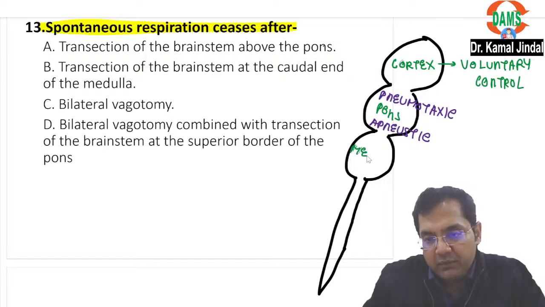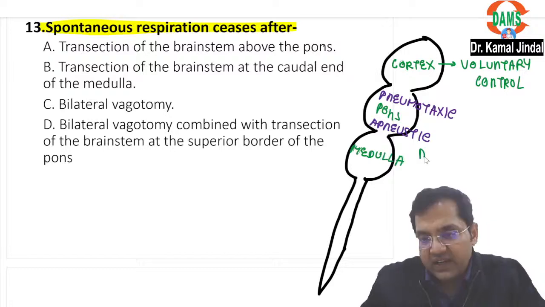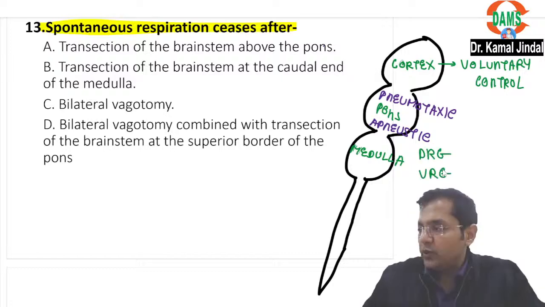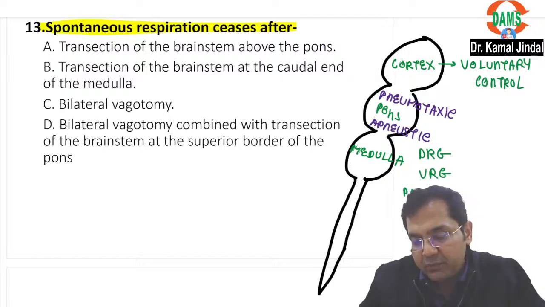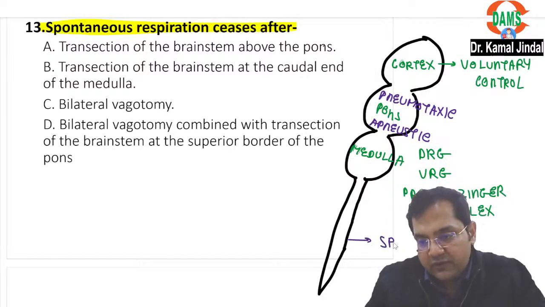In the medulla we have the pacemaker, the DRG, the ventral respiratory group, and your pre-Bötzinger complex. And lastly, I have drawn your spinal cord.